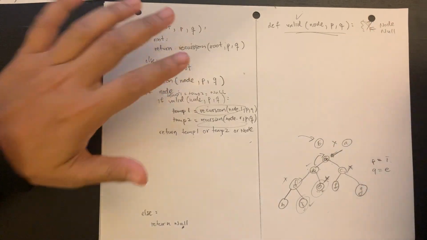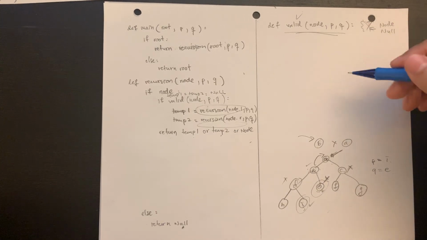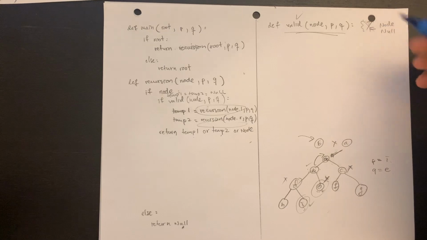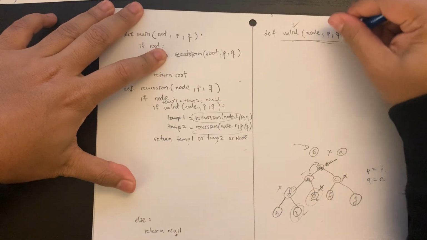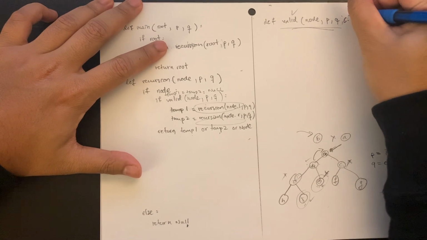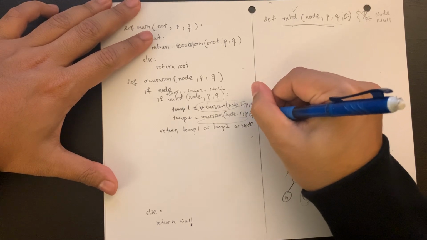I think I just need some sort of variable to keep track if I have found P and Q. So I think I need to pass another variable. Let's call that variable count, like C. Let's pass it, and let's say it's 2.